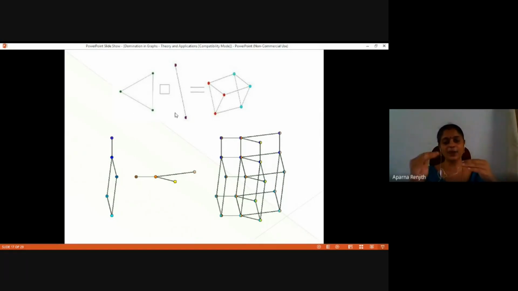So the Cartesian product can always be viewed as layers of the component graphs. If I am taking G box H, there will be layers of G, say, placed horizontally. How many layers will be there? That depends upon the number of vertices in H. And we will have vertical layers of copies of the graph H. Horizontal and vertical can be interchanged, no issues. How many copies? It depends upon the number of vertices in G.